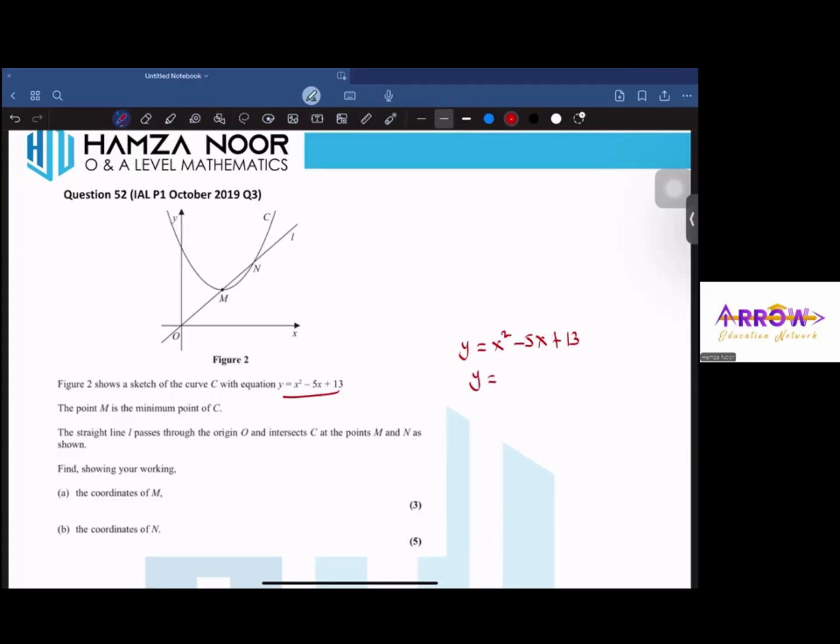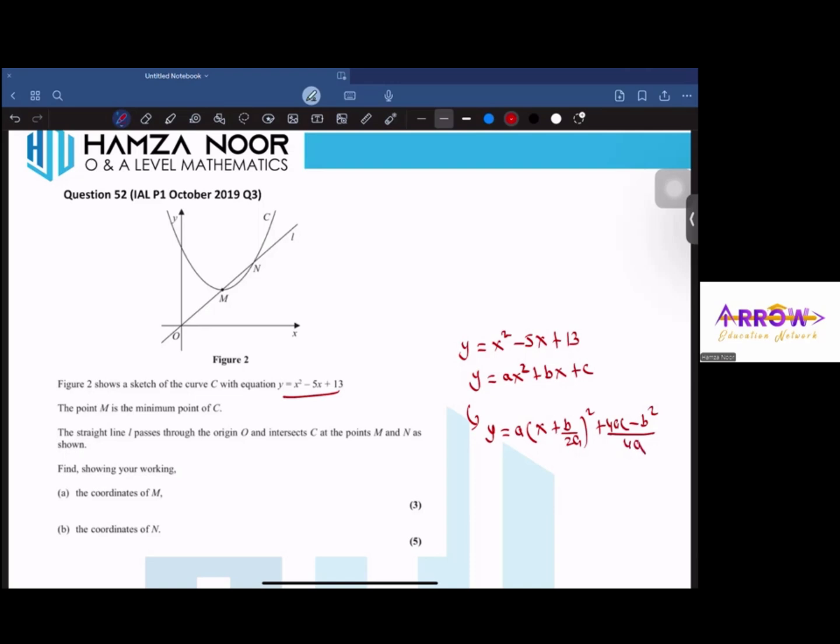So here we have a quadratic equation in an expanded form, which is y equals ax squared plus bx plus c. The formula for converting this into a completing square form is y equals a times (x plus b over 2a) whole squared plus (4ac minus b squared) divided by 4a.